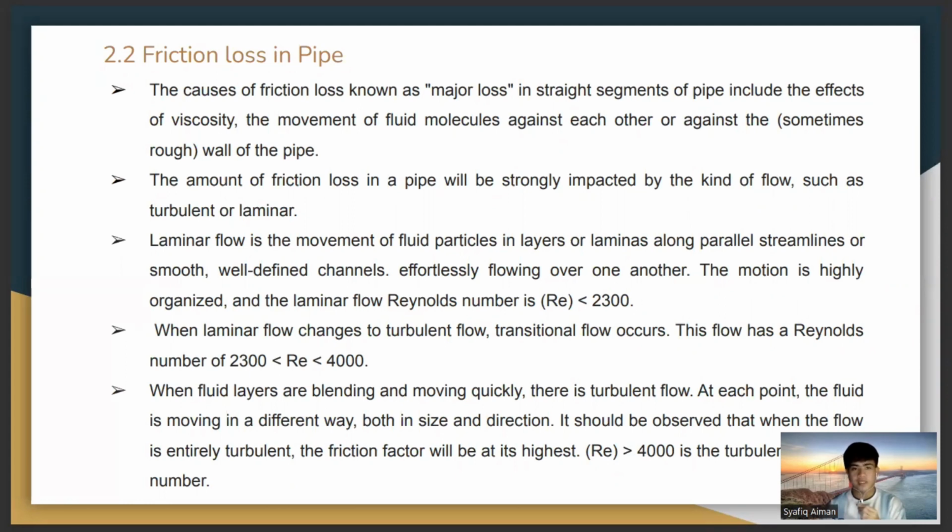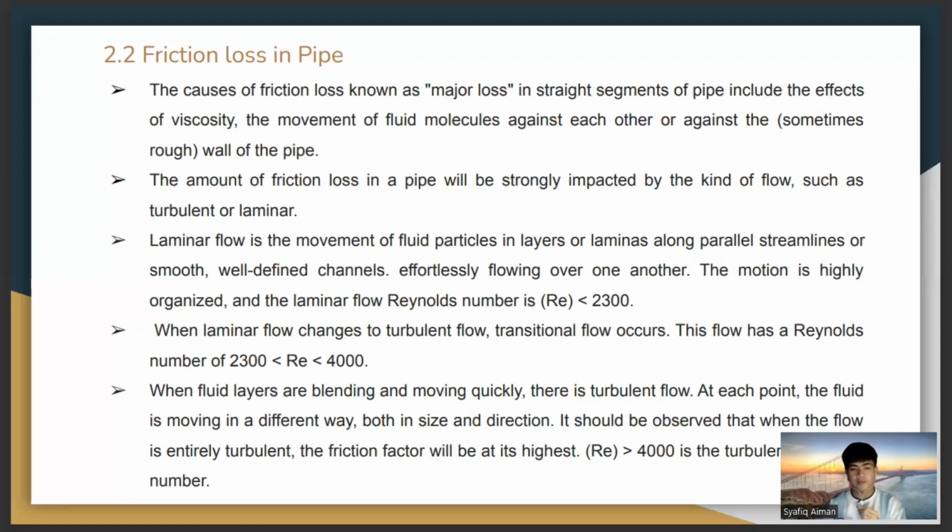The motion is highly organized, and the laminar flow Reynolds number is less than 2,300. For the transitional flow, when laminar flow changes to the turbulent flow, transitional flow occurs. This flow has a Reynolds number of between 2,300 and 4,000.